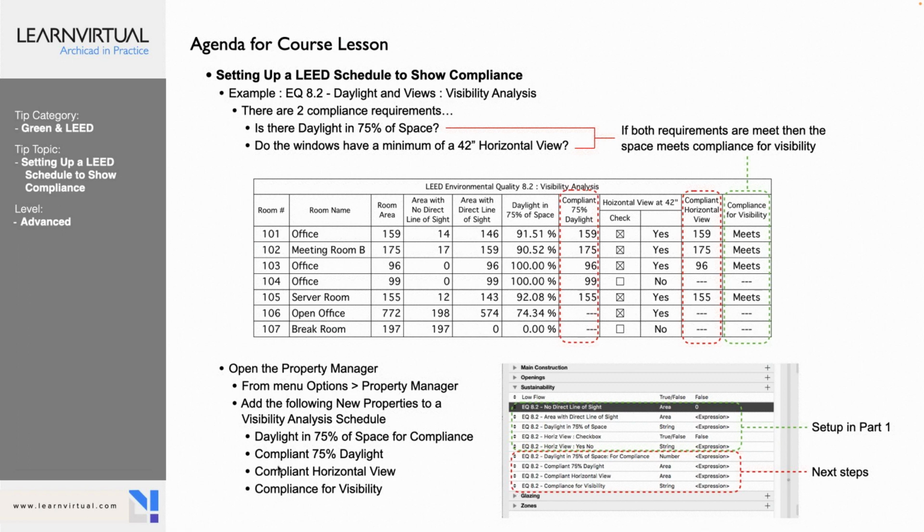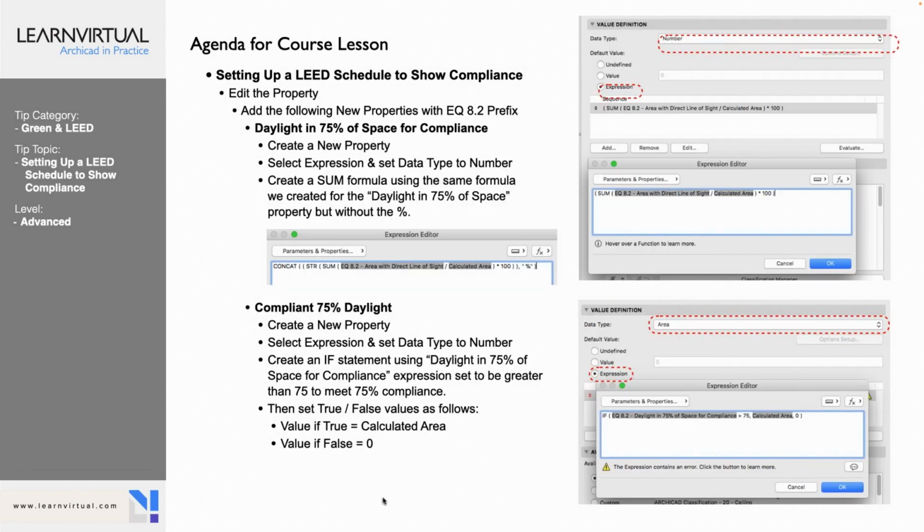Then we're going to set up these 4 options down below for the next steps, which is basically to show compliance. And these next 4 are going to be daylight and 75% of space for compliance. We're going to do compliant 75% daylight, we're going to do compliant horizontal view, and we're going to do compliance for visibility.